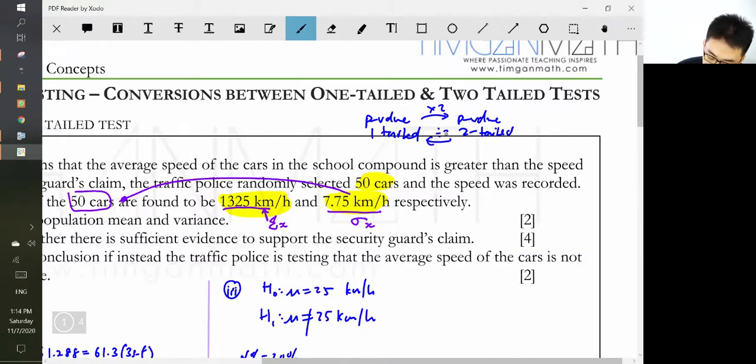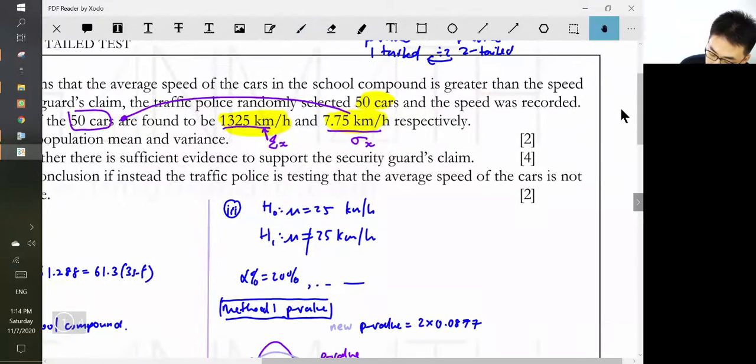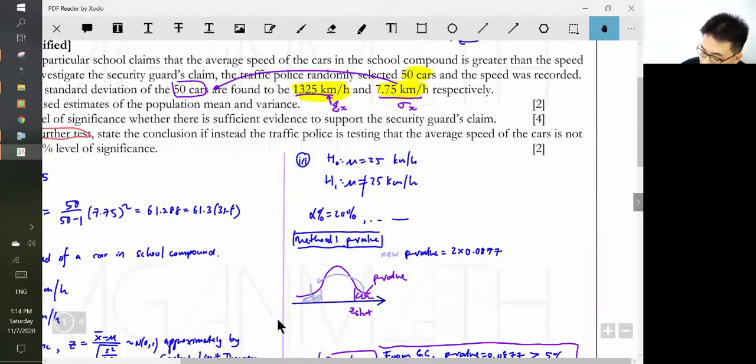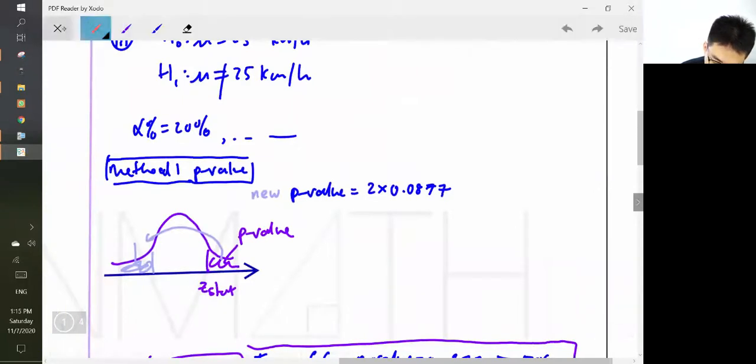You divide by 2 and you get the one-tail p-value, because basically that's how we compare. We just take the one-tail p-value and replicate it over to the other side. Okay, that's one way. Method 1 is just take the new p-value as 2 times the one-tail p-value.